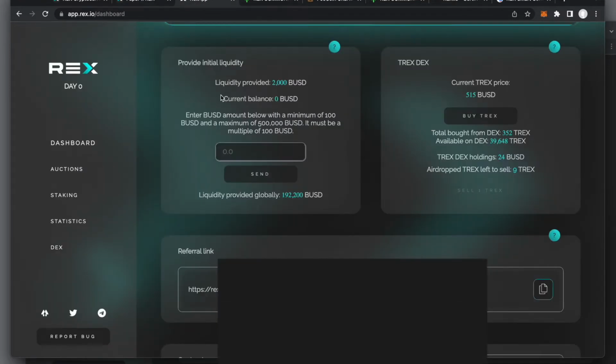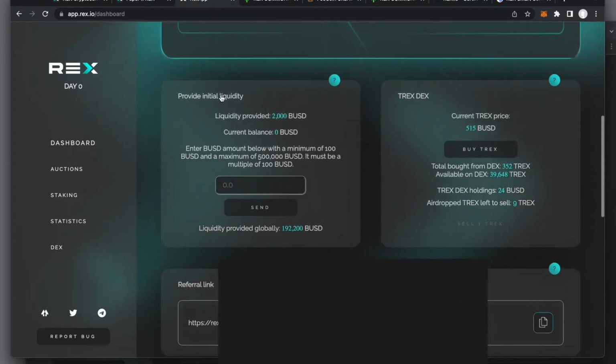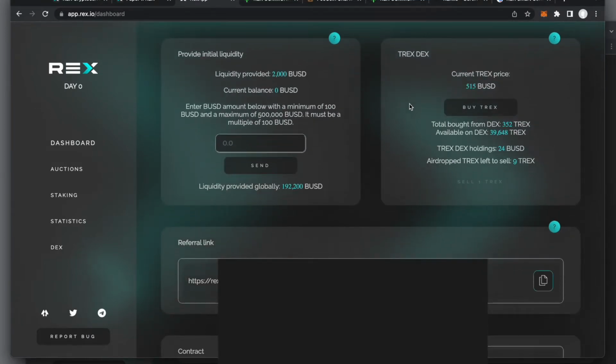And that is because TREX is a token that is designed to boost staking. And the TREX needed to be available to people prior to the first opportunity to stake.